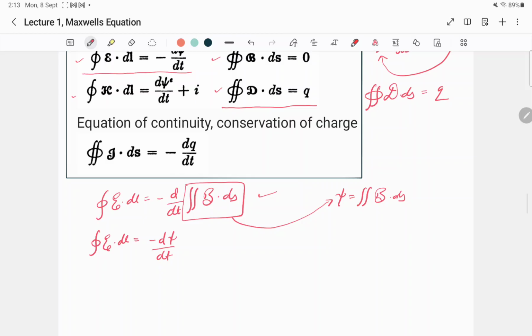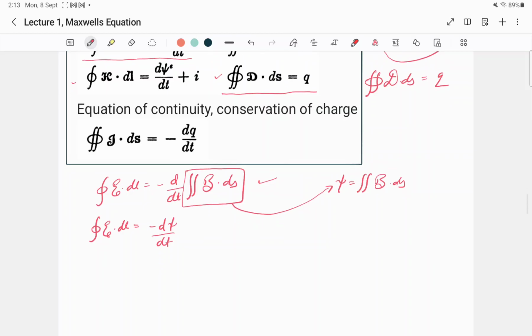Similarly, for the other equation, the closed line integration of H dot dl is equal to d by dt of the surface integration of D dot dS plus the surface integration of J dot dS.